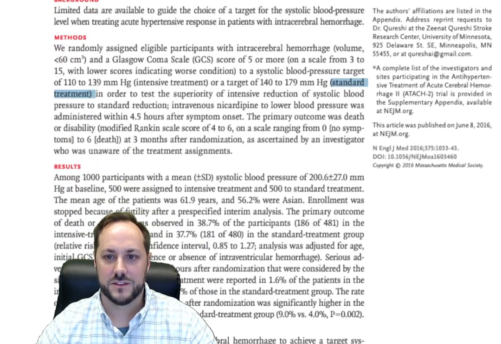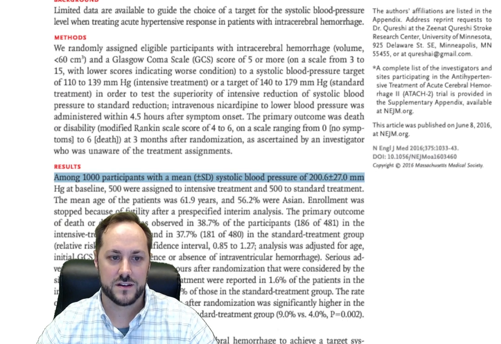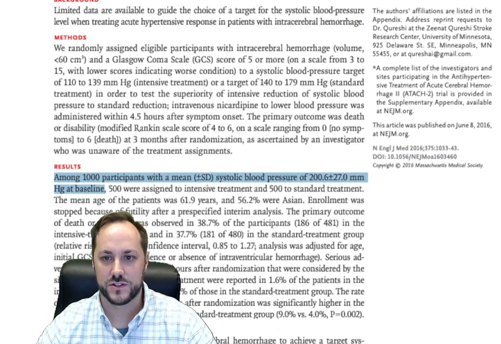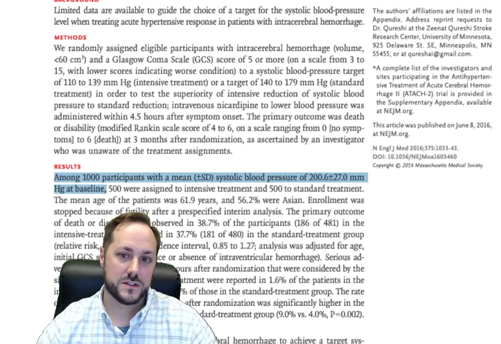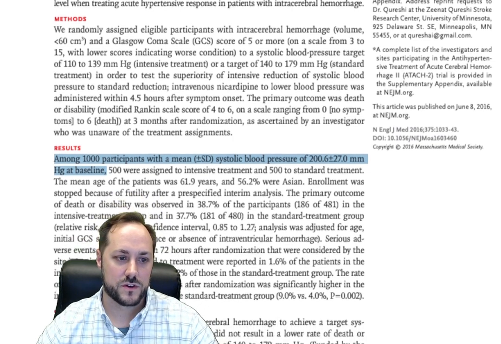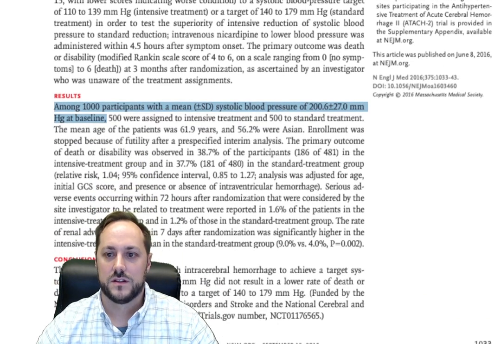They were able to get 1,000 participants, and there was an average blood pressure of 200 when they came in with hemorrhage into emergency departments. So this might be a little bit different scenario, but it gives you an overall gist as to how to manage intracerebral hemorrhage.